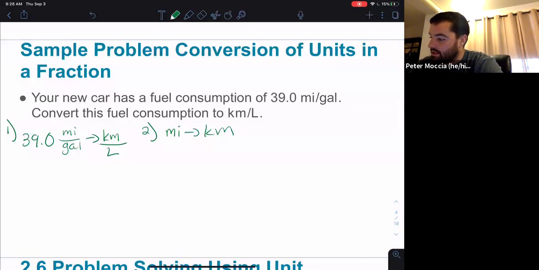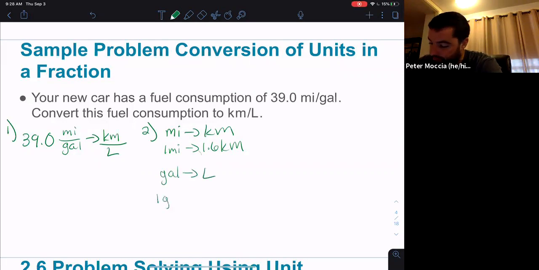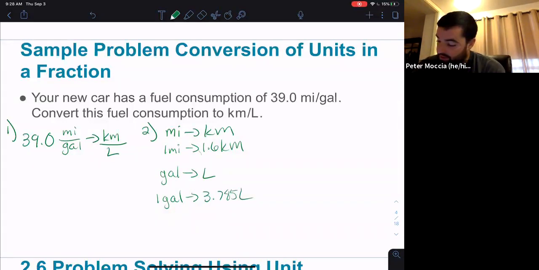Okay, in 1 mile, there's 1.6 kilometers. Okay, and then we're also going from gallons to liters. All right, and in 1 gallon, there's 3.785 liters.